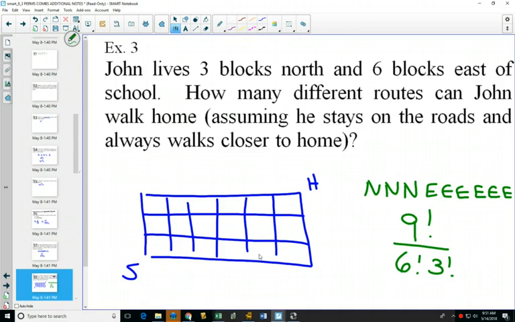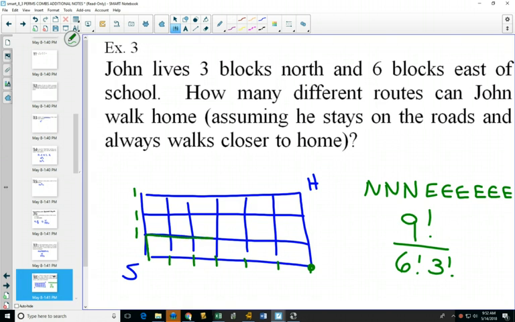Now, we've also practiced saying and counting the routes as we go. So there'd be 1 here, 1 here, 1 here, and all of these would be 1, because the only pathway, if he wanted to get there, the only pathway he could go is straight there. I mean, there's other paths, but they backtrack. So if you start counting backtracking paths, there's an infinite amount of ways that he could go from the school to home, right?